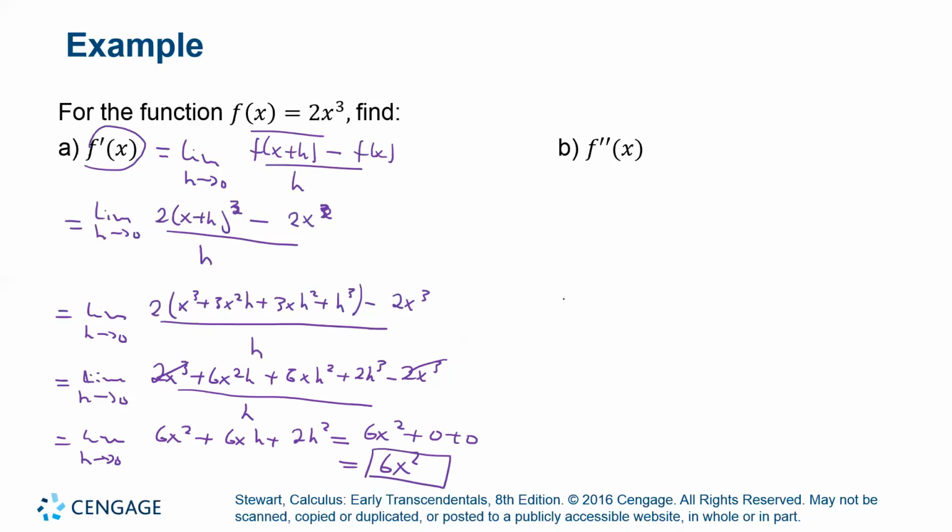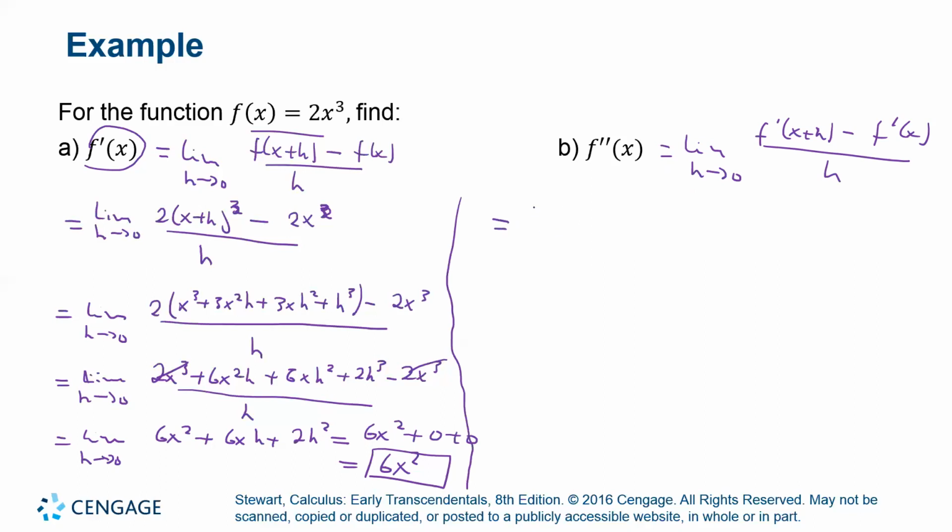Now, if I want to find the second derivative, which will be the limit as h goes to 0 of f prime of x plus h, using the definition, minus f prime of x, divided by h. So let me go so that I get more space. This will be the limit as h goes towards 0. What is my f prime of x? It was 6x squared.